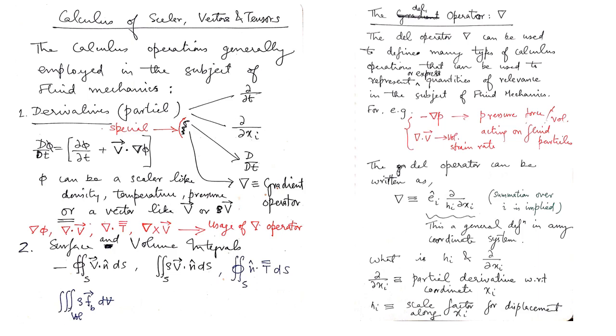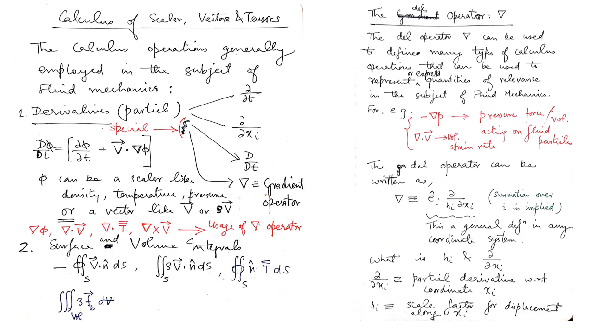Then, once derivatives are taken care of, the other calculus operations are surface and volume integrals. That means both derivatives and integrals are what we call the calculus operators. So the surface and volume integrals usually are used in this form.